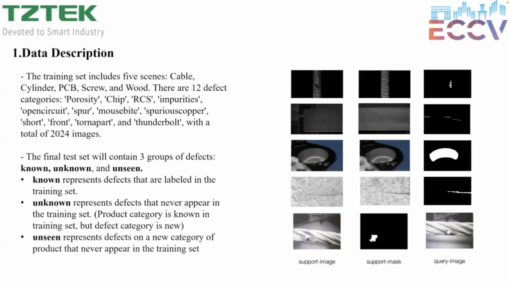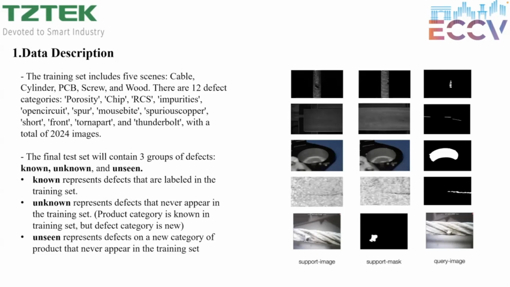The training set for this competition includes 12 defect categories across 5 different industrial scenes: cable, cylinder, PCB, screw, and wood, with a total of around 2,000 images in the training set. The final test set contains 3 types of data: known, unknown, and unseen.